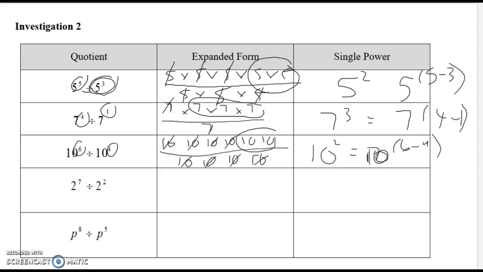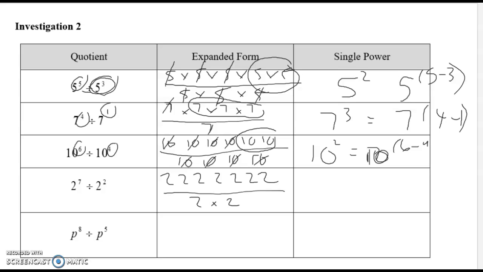Okay, next one, 2 to the exponent 7. So we have 1, 2, 3, 4, 5, 6, 7, and it's all multiplied in between. Oh man, I meant to do 2s 7 times. 1, 2, 3, 4, 5, 6, 7, and then we have 2 2s. 1, 2.